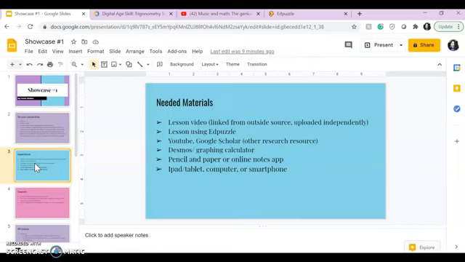And this is a research project, so students would use YouTube, Google Scholar, or other research means. Students will need a graphing calculator, and when they're reviewing the lesson, they will need to use a pencil and paper. And of course, to look on the internet and to do all these things, you could use an iPad, a tablet, computer, smartphone, or something with internet access.